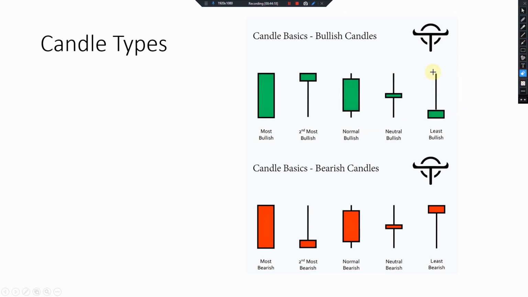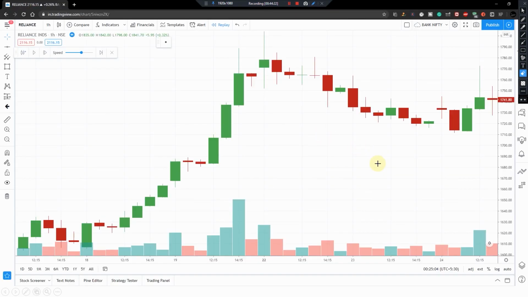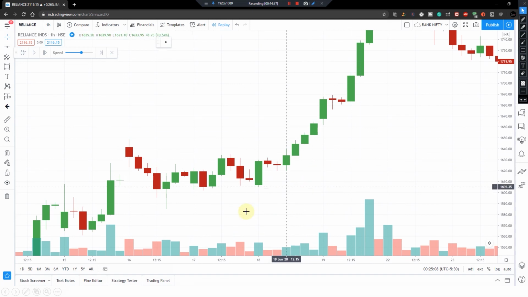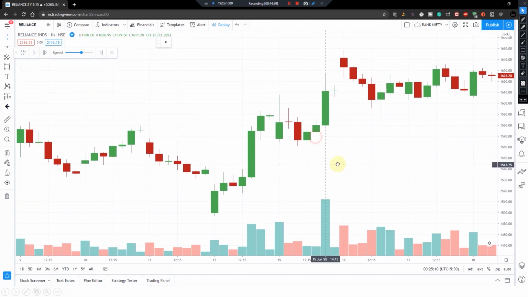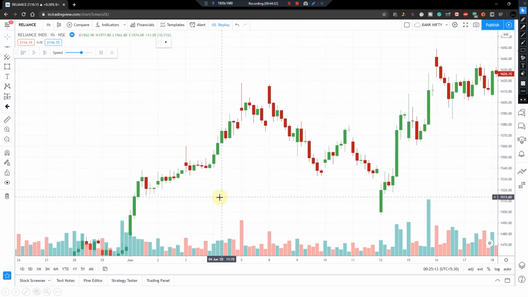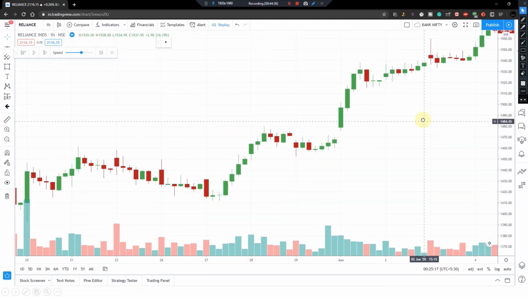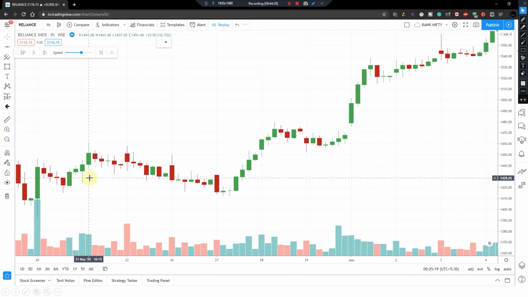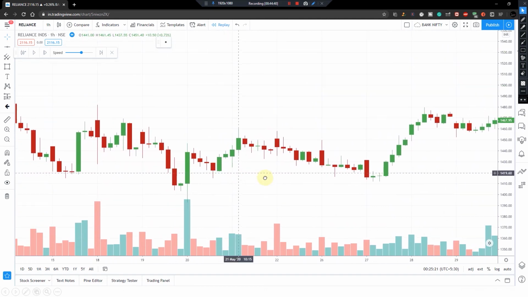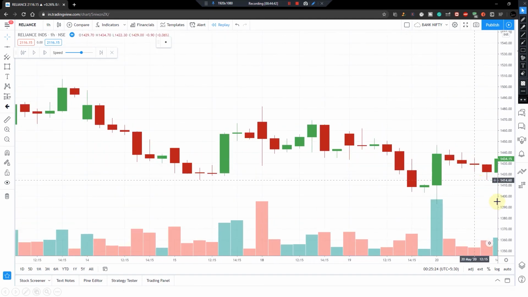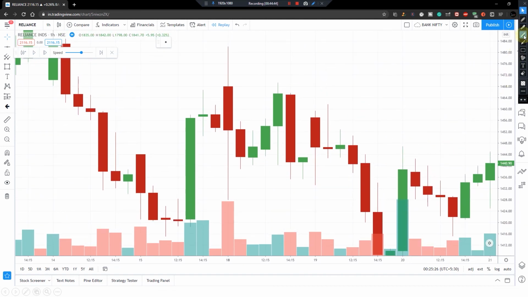You see this candle. We'll see one candle over there in the chart. You see this candle, that is a pin bar candle.